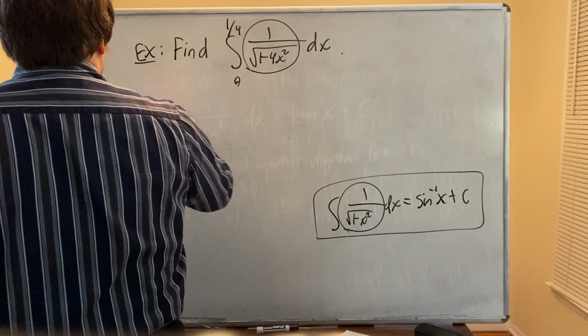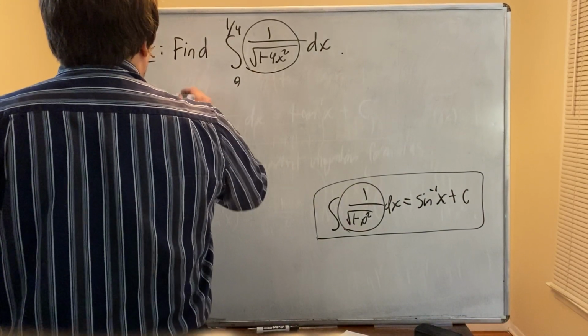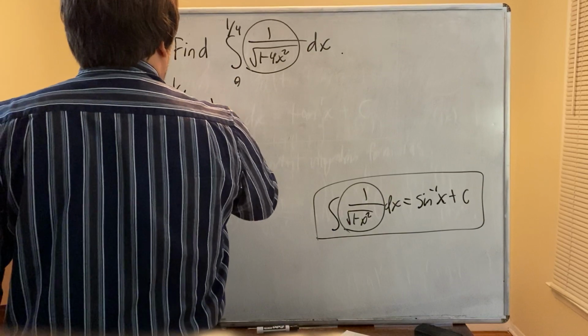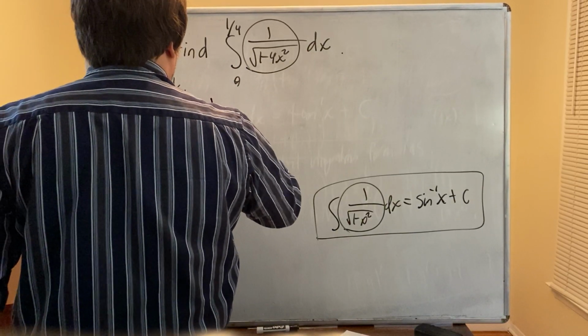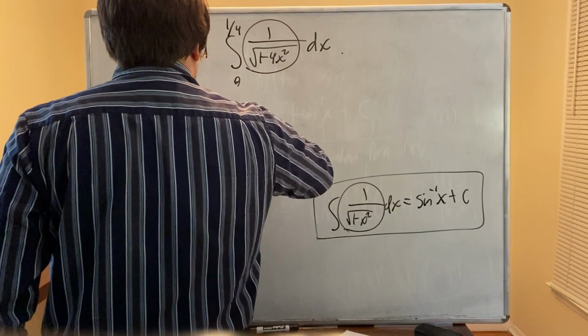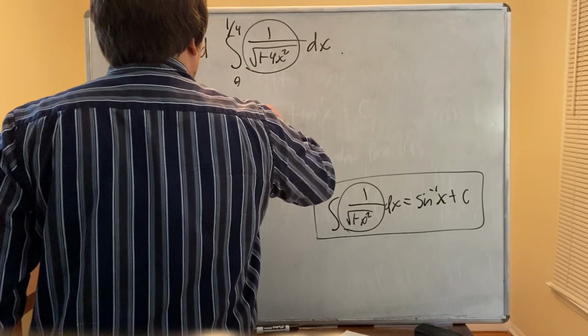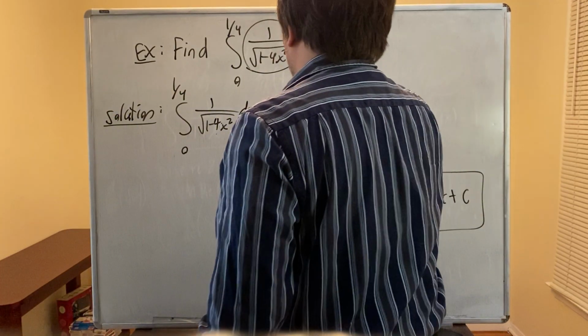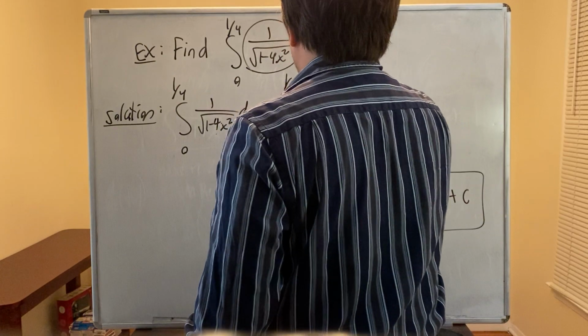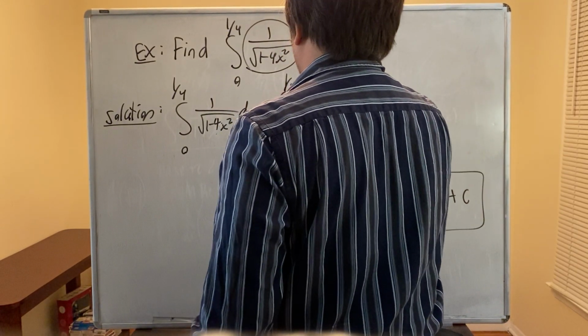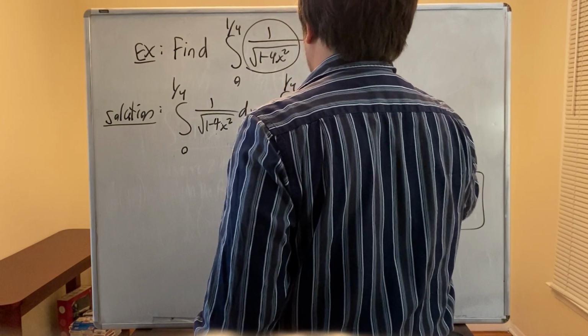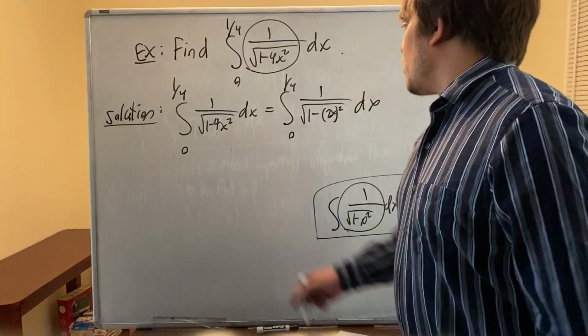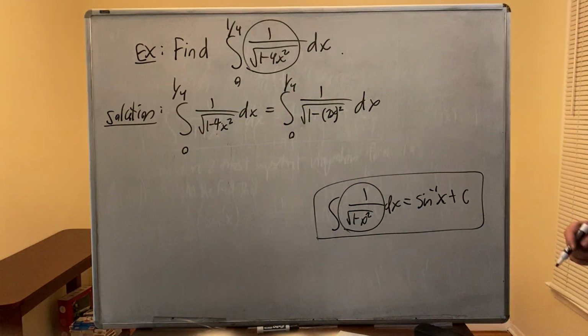I'll show you. So if you take the definite integral from 0 to 1/4 of 1 over the square root of 1 minus 4x squared, this is equal to the definite integral from 0 to 1/4 of 1 over the square root of 1 minus 2x in parentheses squared dx. 4x squared is 2x in parentheses squared.